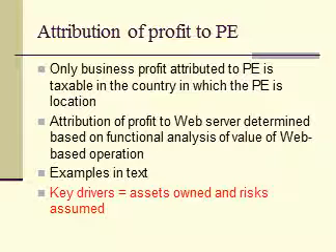As discussed in the text at 11.062CI, the key drivers for attributing profits to a web server are the assets owned by the permanent establishment in which the web server is located and the business risks assumed at that location. If the location does not own any assets other than the server, and the business risks are assumed at a different location, then little profit is attributed to the web server location.